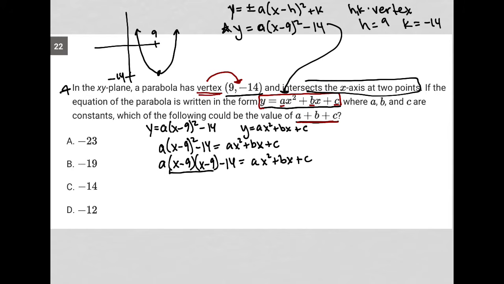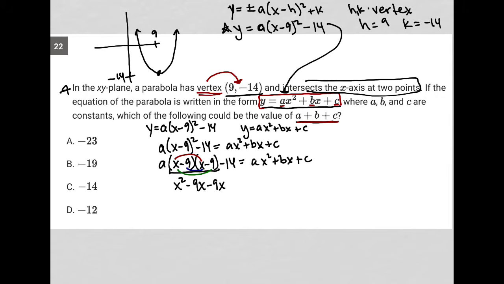I can FOIL this. The F in FOIL represents multiplying the two first things, so x times x, which would be x squared. And then the two outer things, so x times negative 9, which would be negative 9x. And then the two inner terms, so negative 9 times x, which would be another negative 9x.